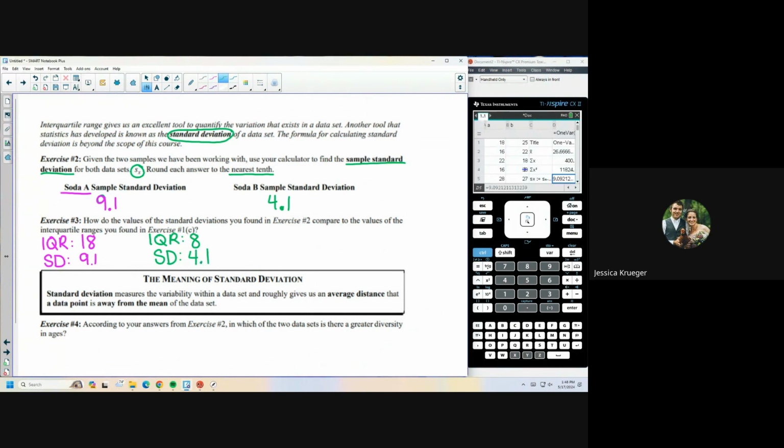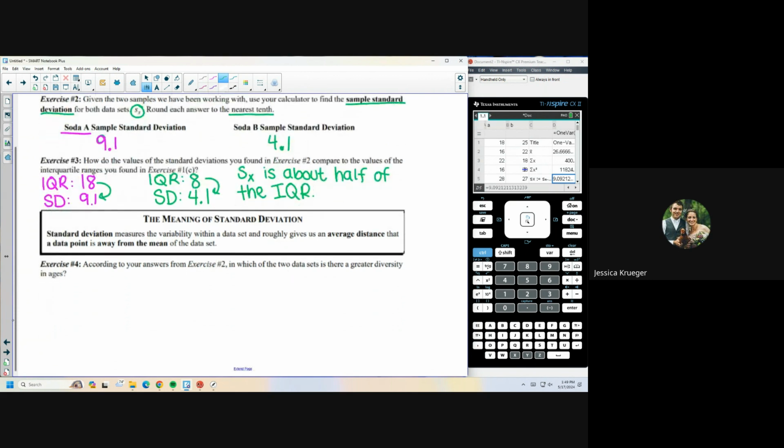Well, the standard deviation is about half of the interquartile range. If you take 8 and divide it in half, you would get 4. If you take 18 and divide it in half, you would get 9. So these are both describing variability.